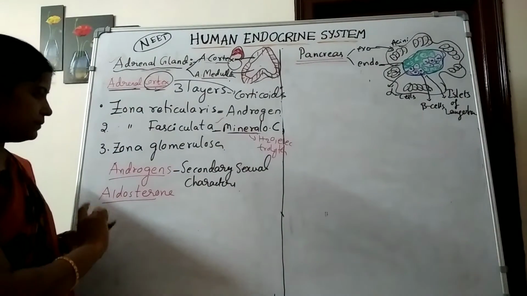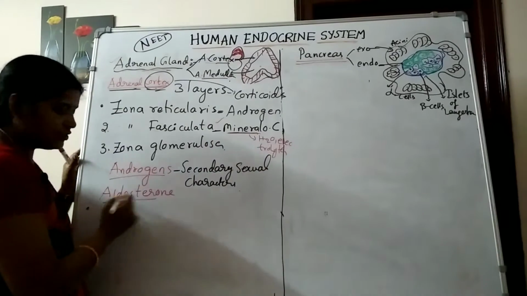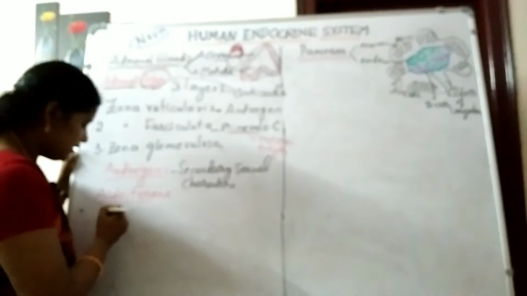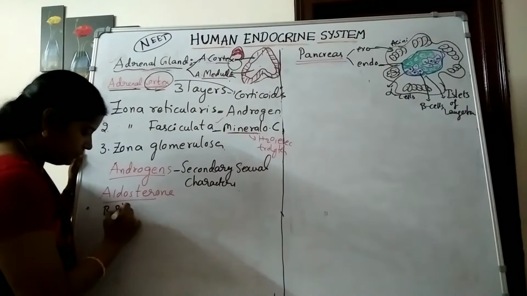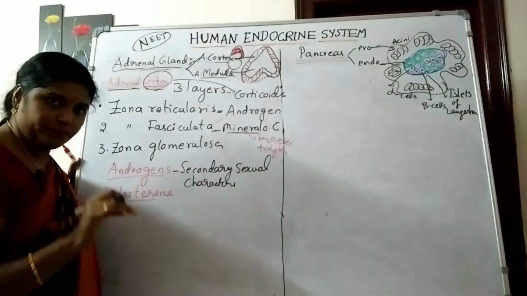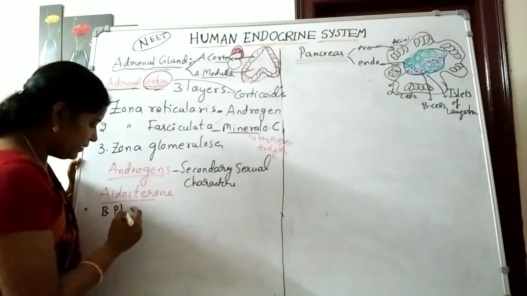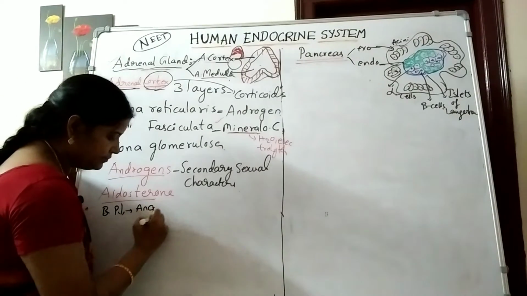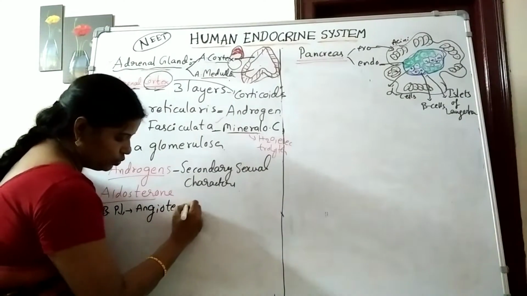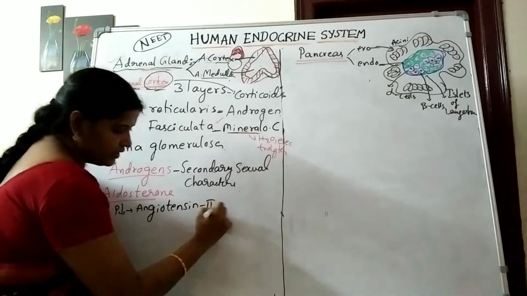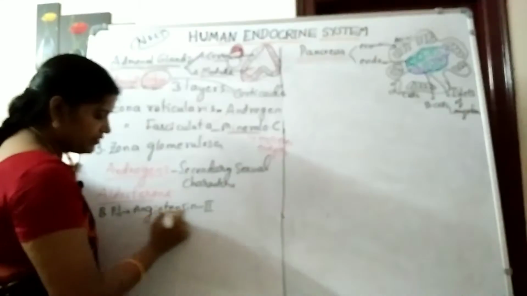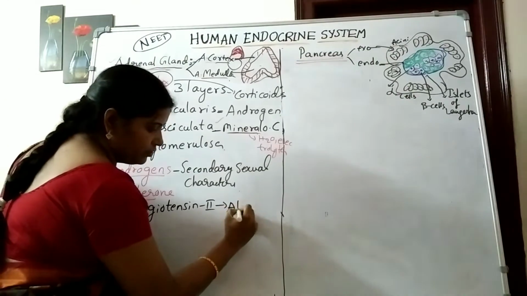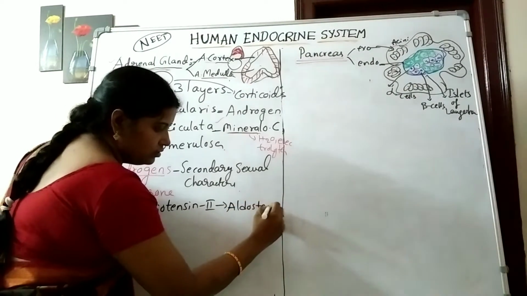If we go in depth into aldosterone function, especially when our BP goes down, when the blood pressure decreases, our body releases angiotensin 2. Angiotensin 2 stimulates the release of aldosterone.